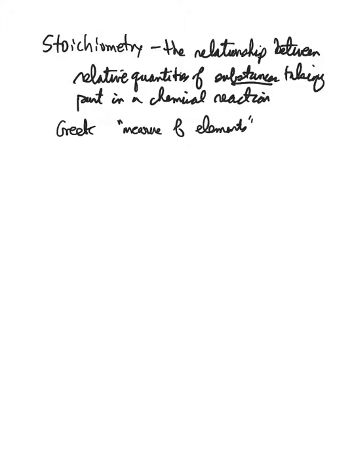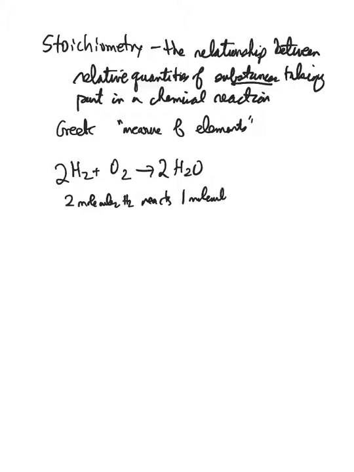And so let's take something like the formation of water from molecular hydrogen and molecular oxygen, and look at those coefficients. What those coefficients are telling us, one way of looking at it, is that 2 molecules of hydrogen react with 1 molecule of oxygen to produce 2 molecules of water.